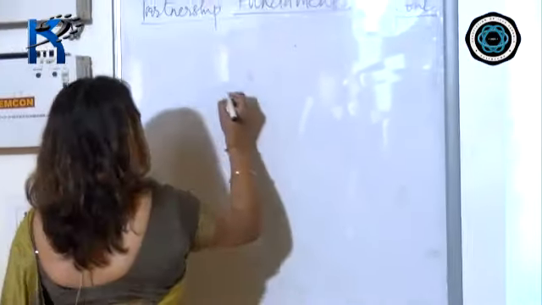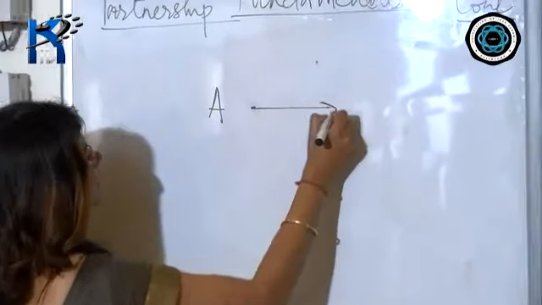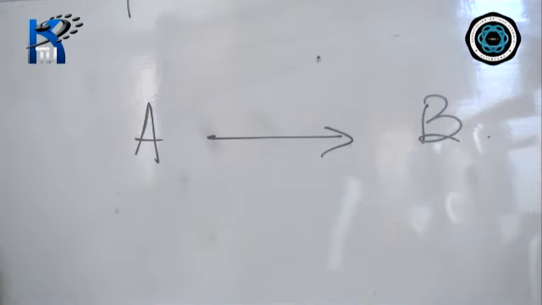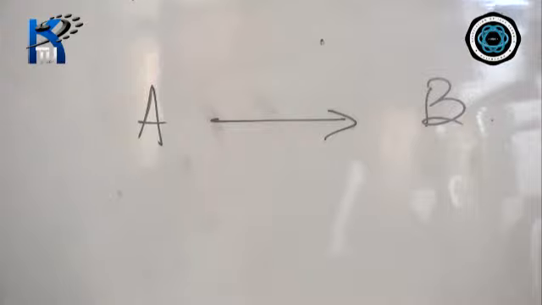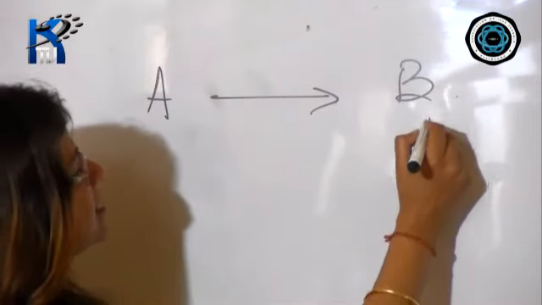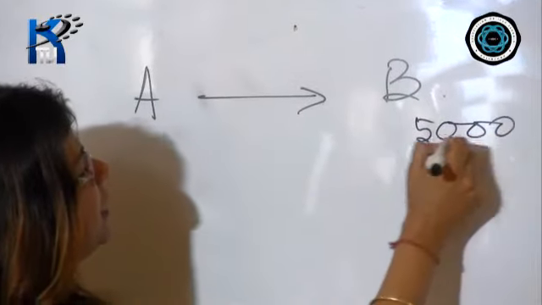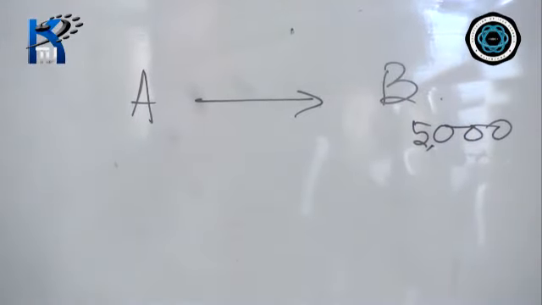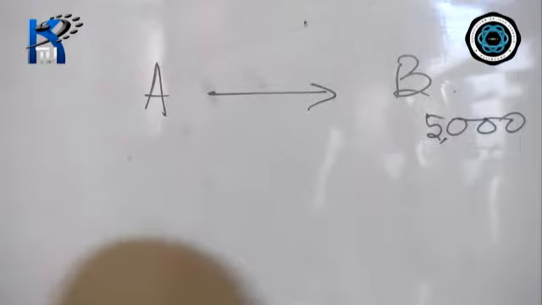Like, for example, A has guaranteed B. So, in case B does not get whatever is asked for, A will pay out of his own pocket. For example, supposingly A had guaranteed B a sum of 5,000 annually. That in no case B will get less than 5,000.